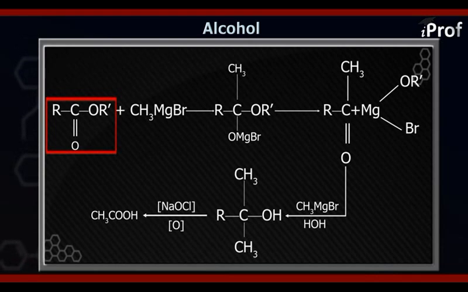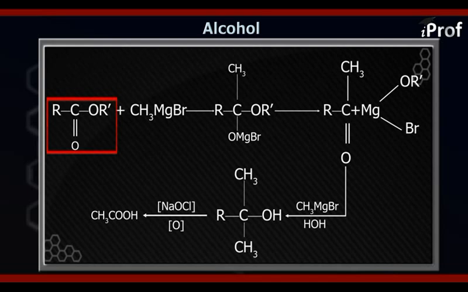Because in the reaction of the Grignard reagent with the ester, we have this OR dash group, which actually is a good leaving group. So when the first molecule of the Grignard reagent attacks, this OR dash group of the ester is basically eliminated.